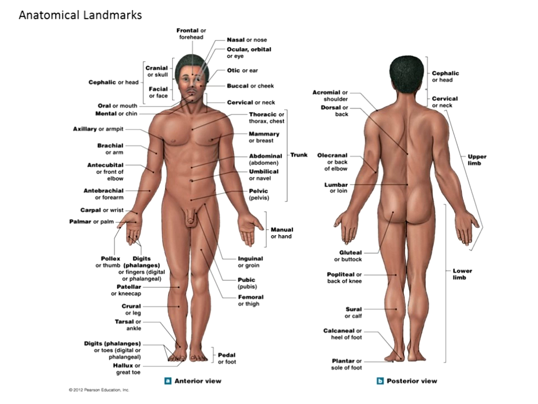So this picture from your book with the anatomical landmarks, and also the anatomical landmarks listed in your lab manual, are going to be expected of you to learn: the correct spelling, the correct location, and the application of them.